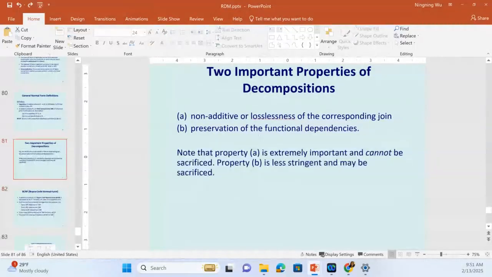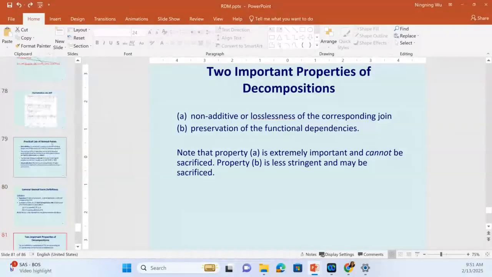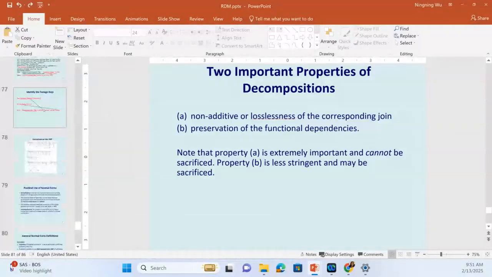Regarding the normalization process, when we split a big schema into a set of smaller ones, it is called decomposition. Usually we want to keep two properties. The first one is non-additive, or lossless, join.